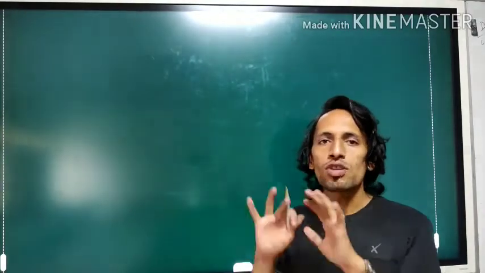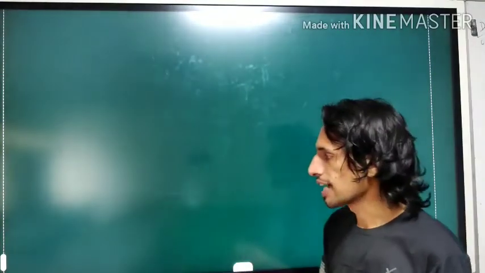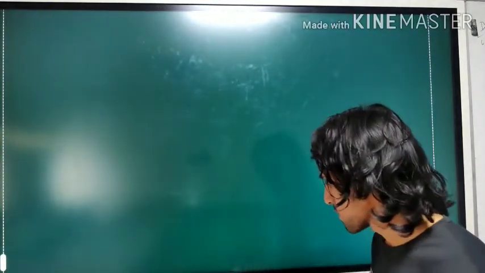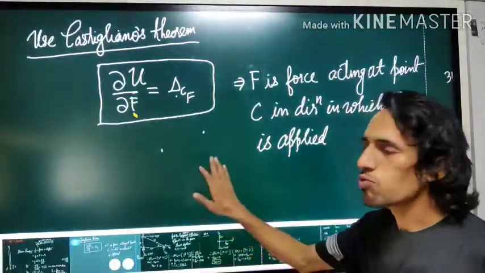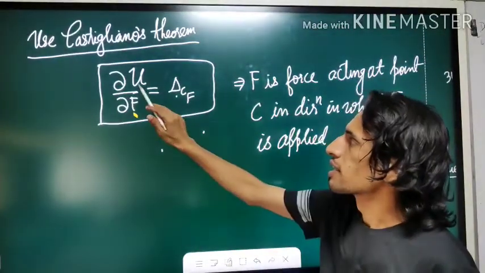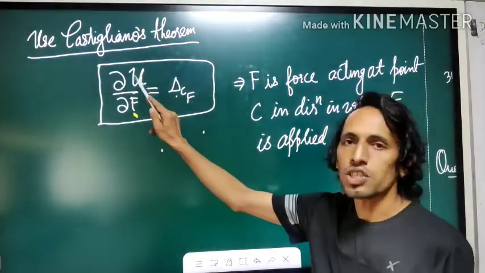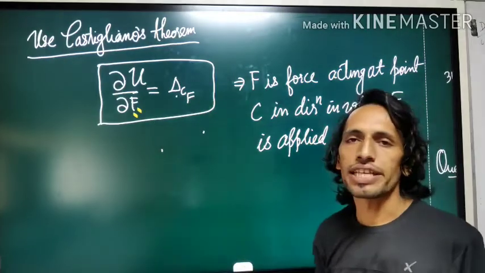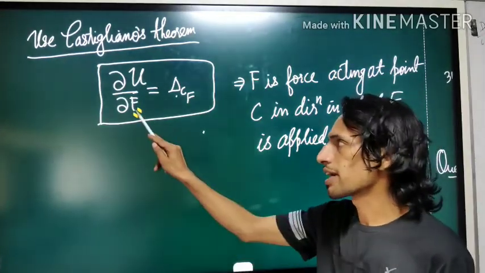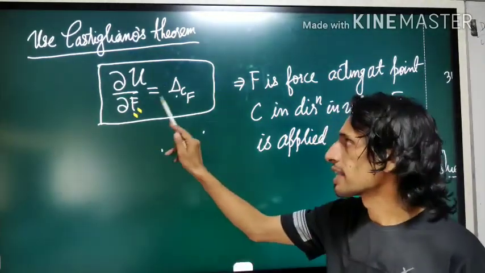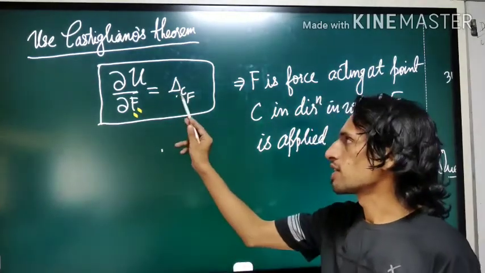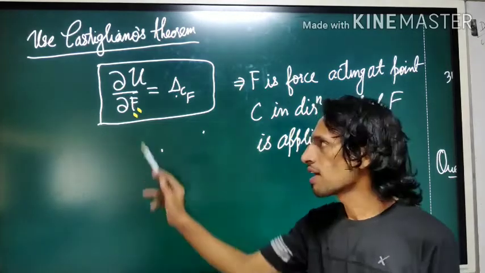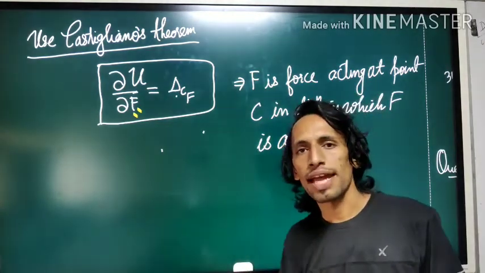So this is what we did. We calculated the strain energy, and then we differentiated it with respect to the force, and then we got delta at point C in the direction of the applied force.